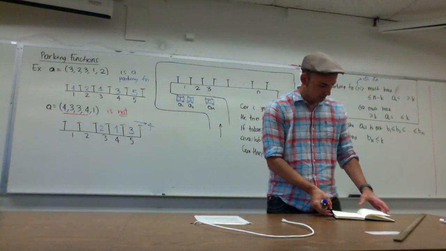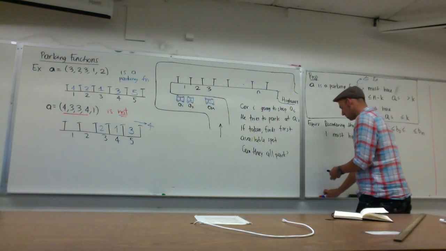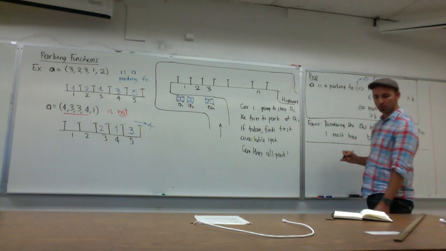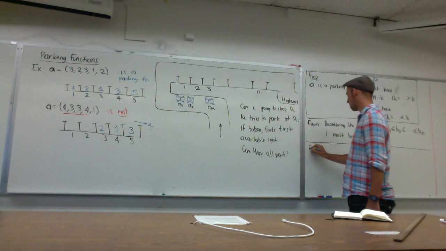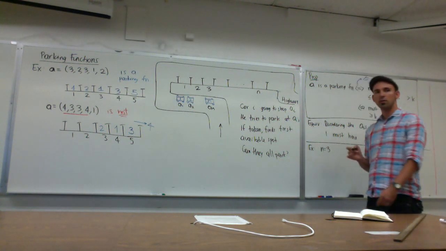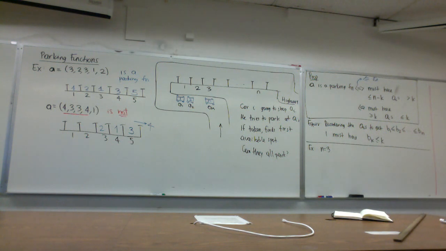All right, and so this allows us to compute the number of parking functions for n equals 3, let's say. So for n equals 3, what are the parking functions? Well, let's first write them in increasing order.